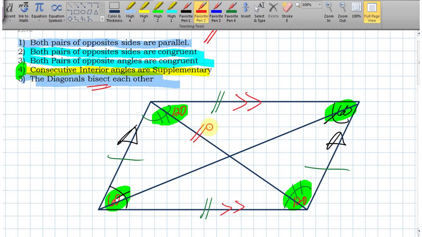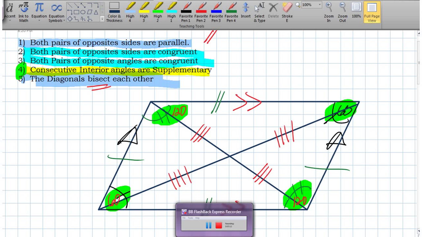Turns out that this segment is congruent to that one because the diagonals bisect each other, and the other diagonal bisects the other one. So I'm going to use 4 tick marks for that one and 4 tick marks for that one. So this is like a little summary of all the angles and sides and diagonals of a parallelogram. There's a lot to take in there. So please know your 5 properties of a parallelogram.